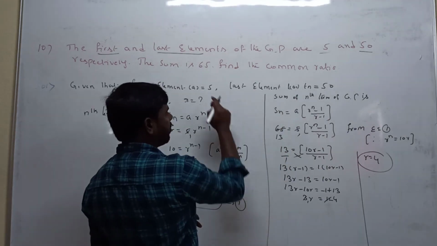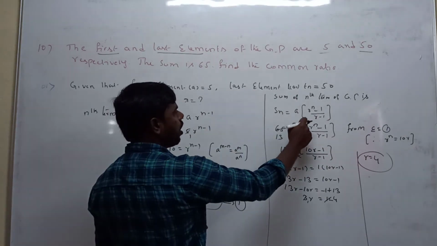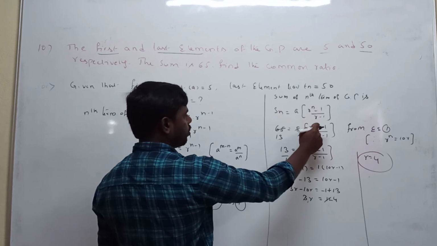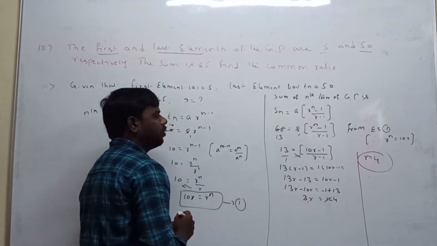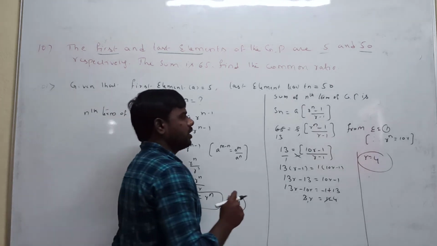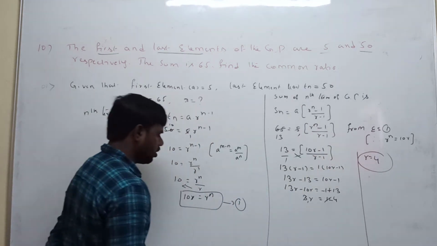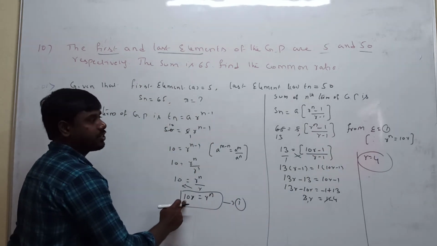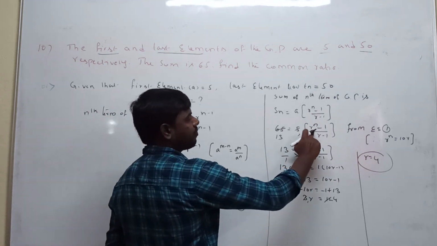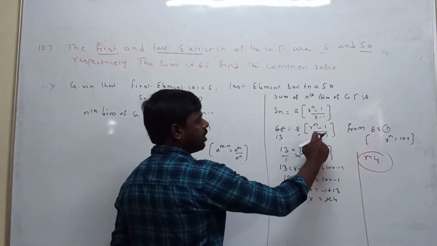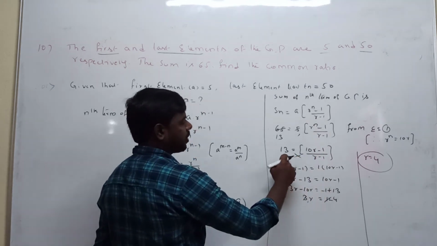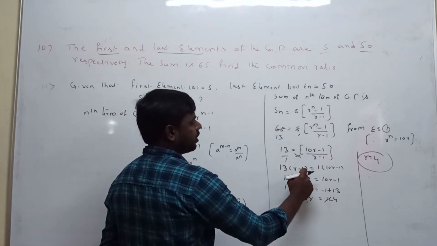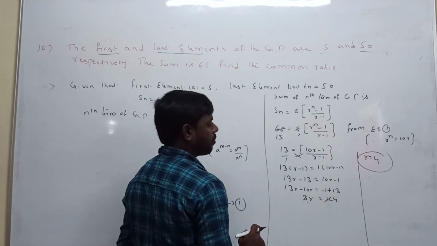The total sum given is 65, equal to a value 5, times r to the power of n minus 1 by r minus 1. 5 thirteens are 65. Next, listen: from equation number 1, r to the power of n value is 10r, so r to the power of n is replaced by 10r, and the remaining minus 1 is divided by r minus 1. Then cross multiplication: 13 into r minus 1 is equal to 1 into 10r minus 1.